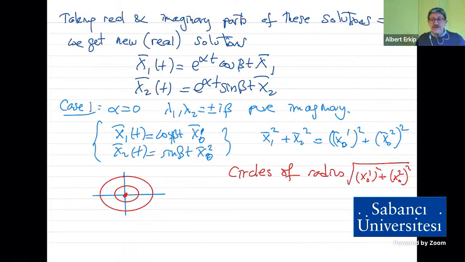Of course, I've oversimplified. Next time we can solve an explicit example and so on. And how do they turn? Well, depending on which part you choose, they can turn like this or like that, but they go around the origin as circles.